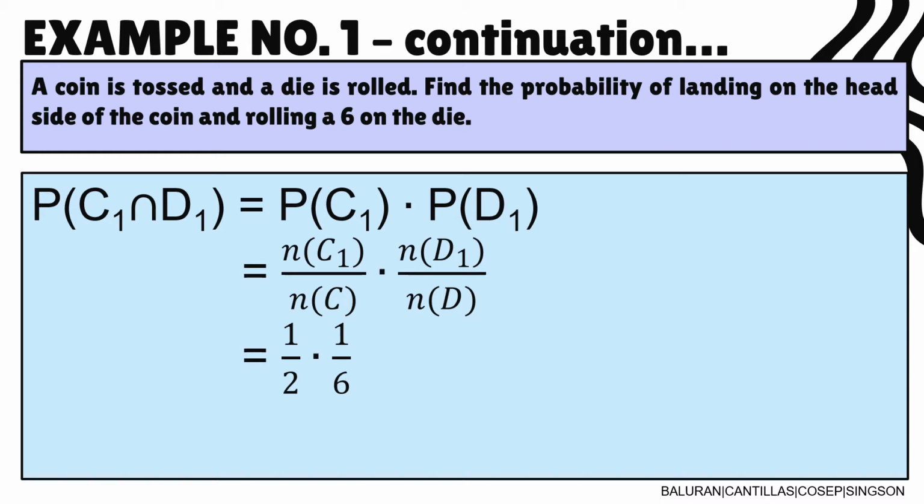Then multiply the two probabilities, therefore, the probability of event C sub 1 and D sub 1 is equal to 1 over 12.